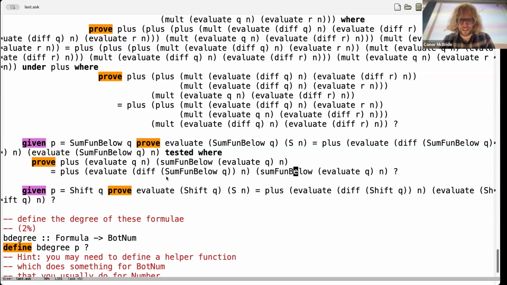If I define the diff of this to just be Q, then this will just be true.